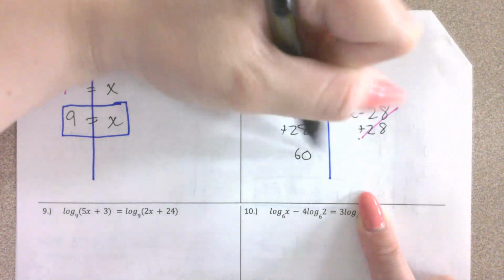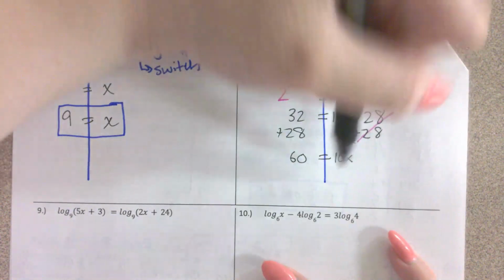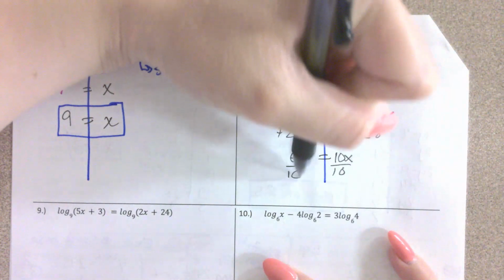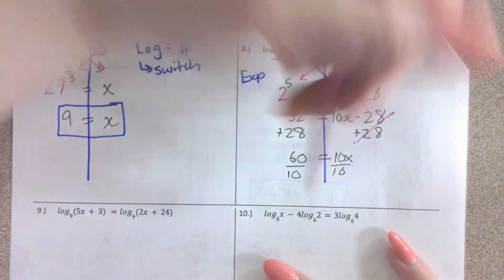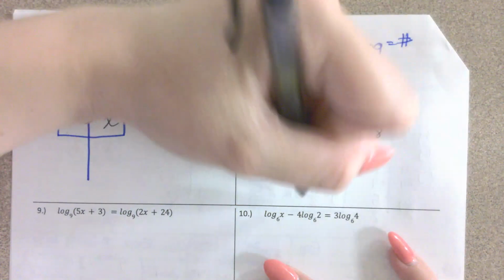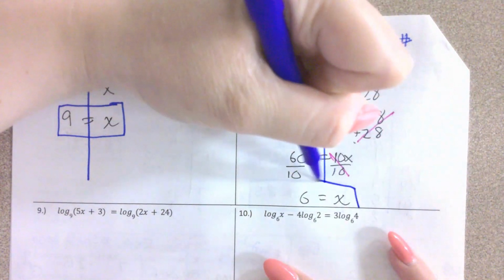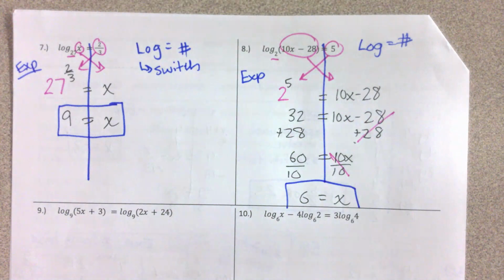Adding, we get 60 equals 10x. Divide by 10 on both sides. Sixty divided by 10 is 6. 6 is equal to x.